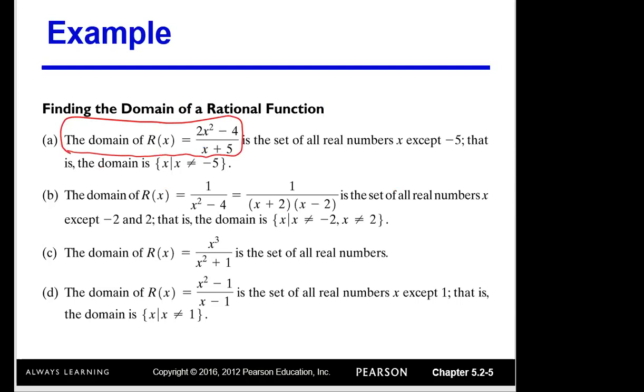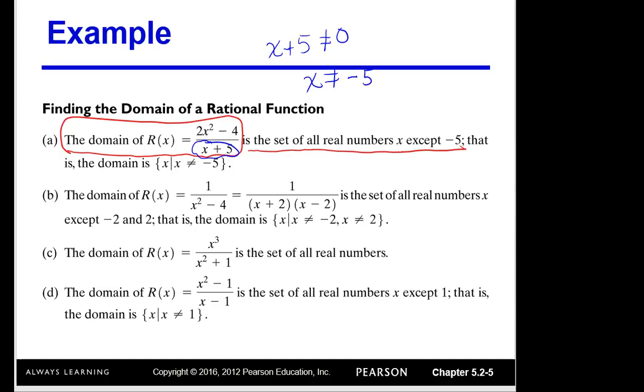It is the set of all real numbers except for -5. That's because your denominator, x plus 5, remember, when you're in fraction land, denominators are not allowed to equal 0. So x plus 5 cannot equal 0. And if I solve that for x, I would just be subtracting 5. So x cannot equal -5.